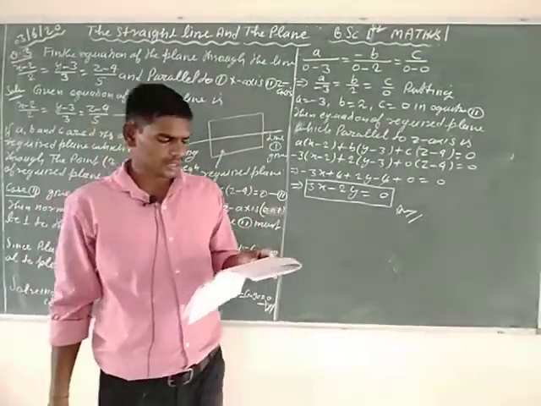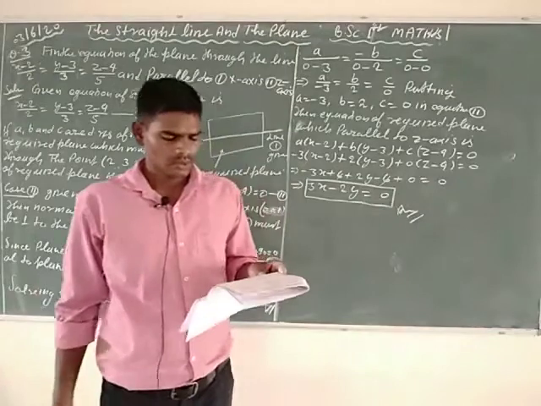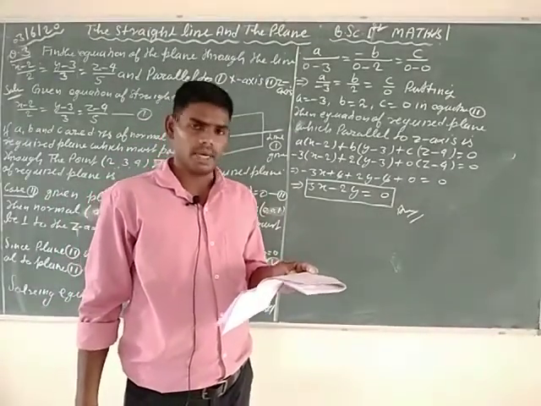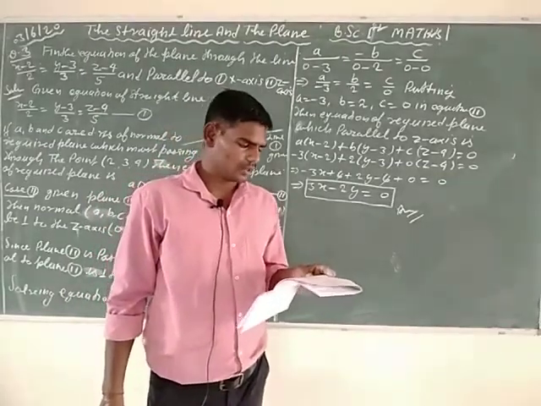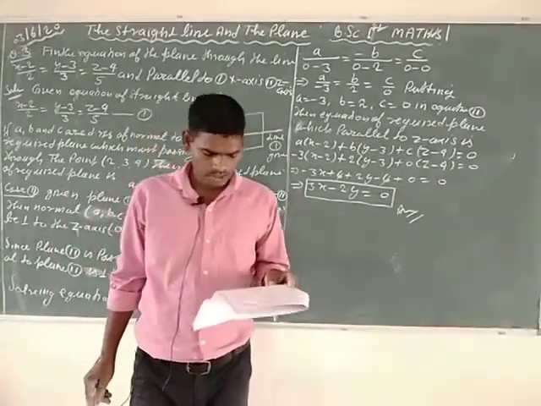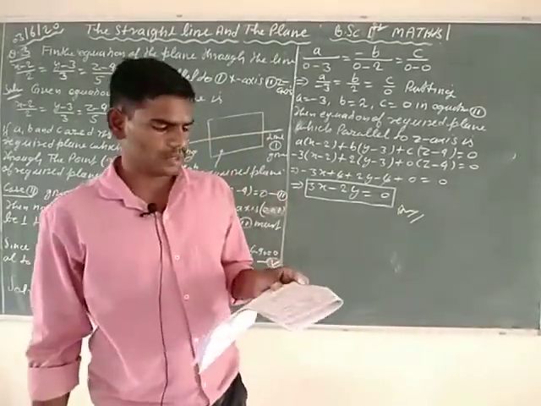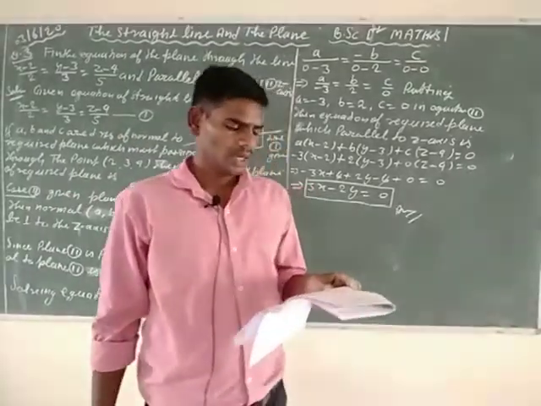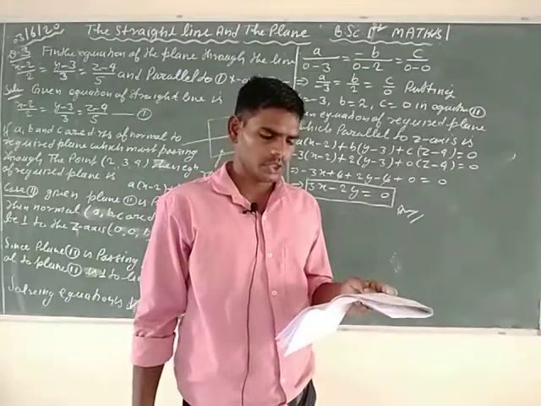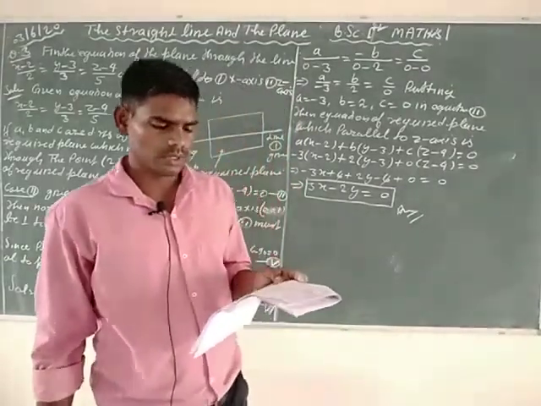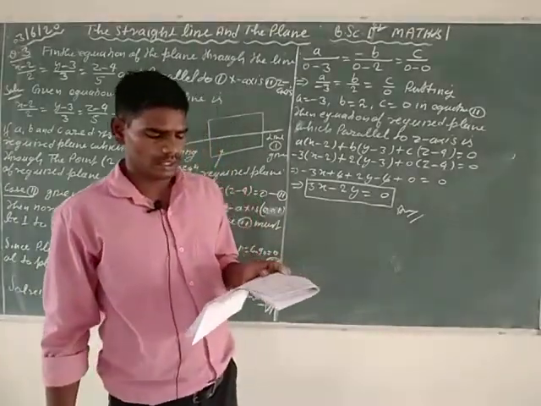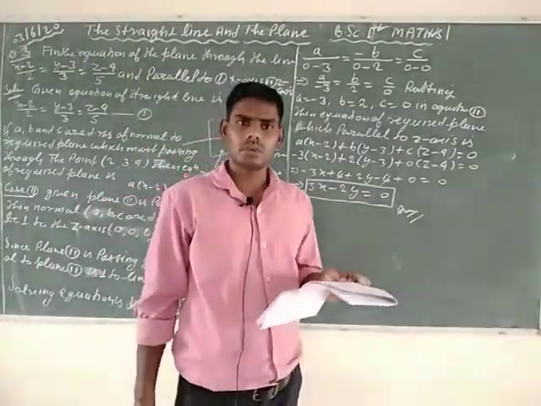Find the equation of the plane through the line (x minus 1) by 3 is equal to (y plus 6) by 4 is equal to (z plus 1) by 2, and parallel to the line (x minus 2) by 2 is equal to (y minus 1) by minus 3 is equal to (z plus 4) by 5.